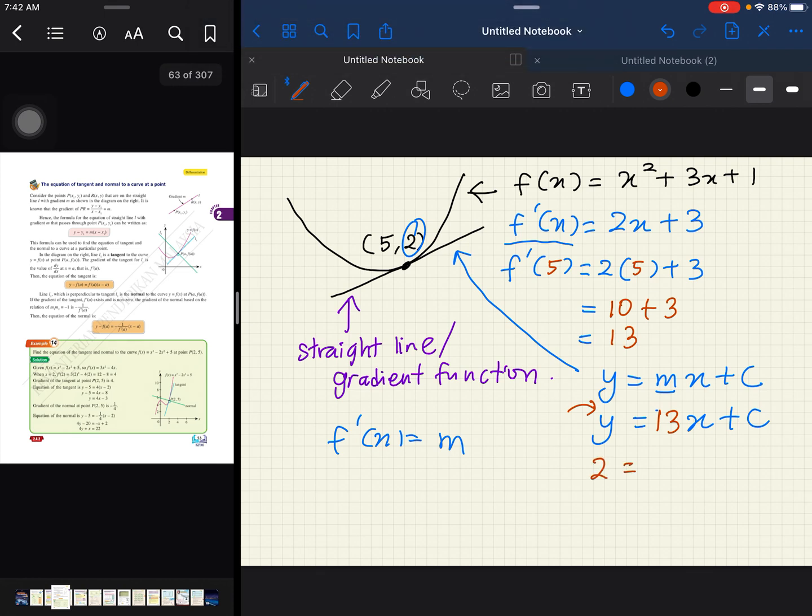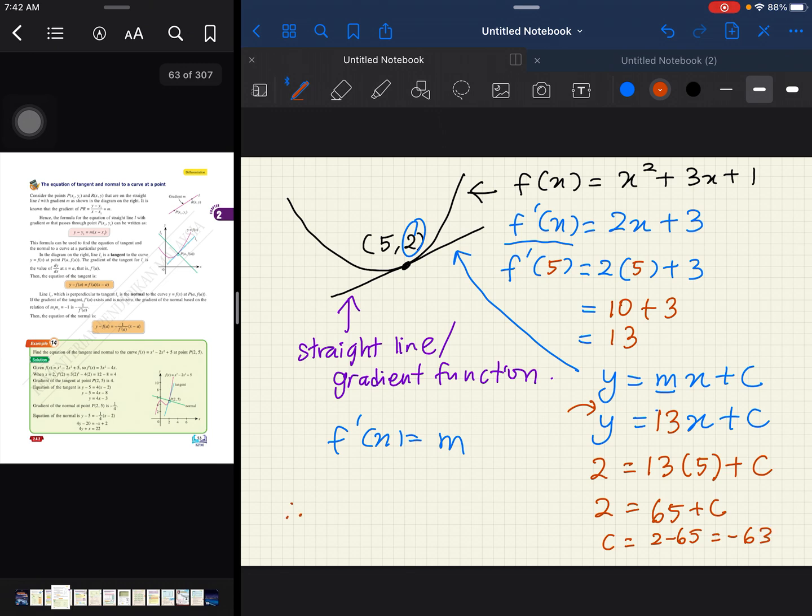So, Y kita adalah 2, 13 darab 5 tambah C. So, 2 sama dengan 65 tambah C, okay, nak dapatkan C tu tadi. Kita nak cari C kan. So, C kita adalah 2 tolak 65 which is equals to negatif 63.